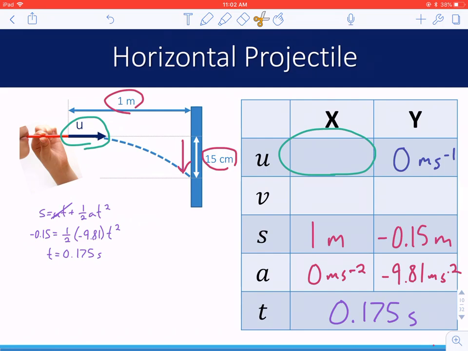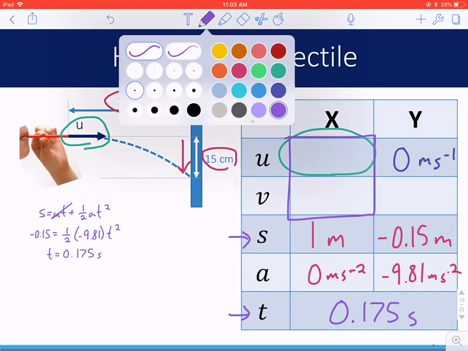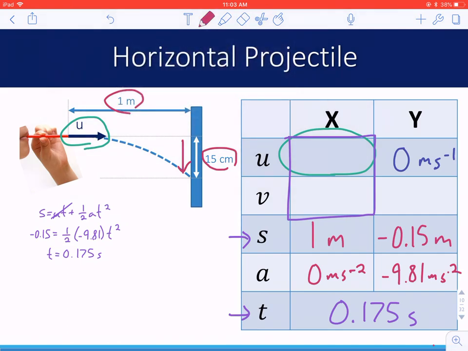Once I have the time and the distance, I can find my velocity. Again, those are going to be the same, so we can just think of it as this velocity, v, whether that's u or v, is equal to how far it goes divided by the time, distance over time, or 1 meter for every 0.175 seconds, to give you roughly 5.72 meters per second.